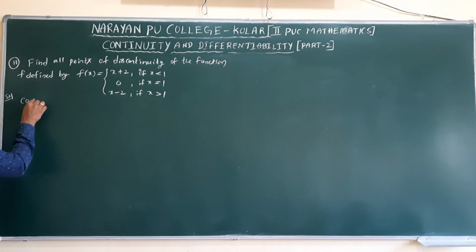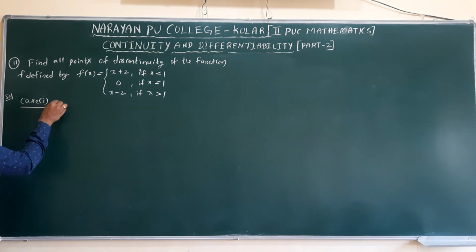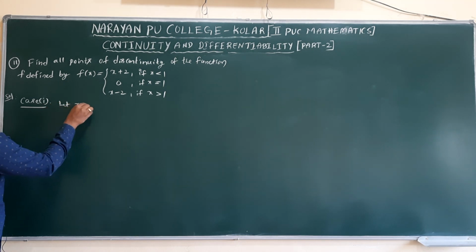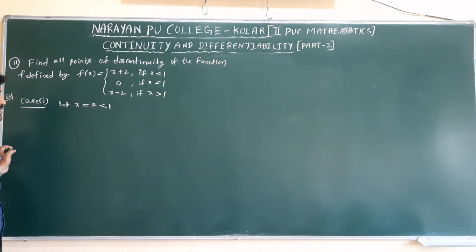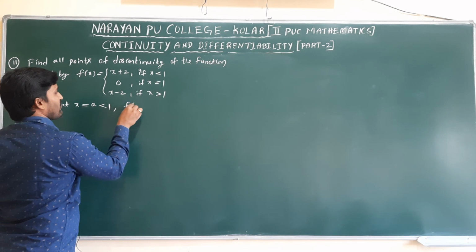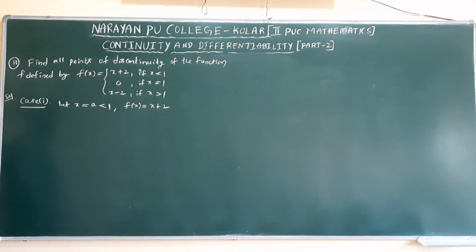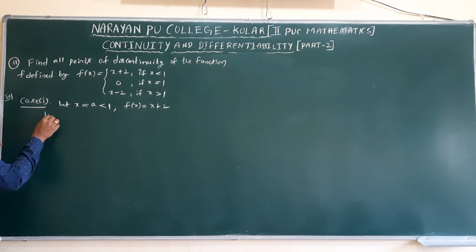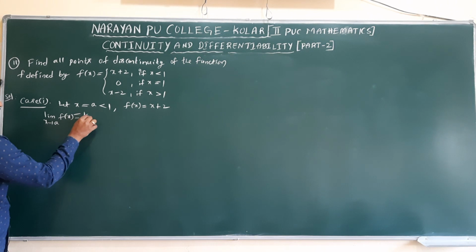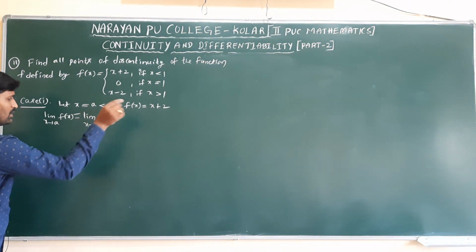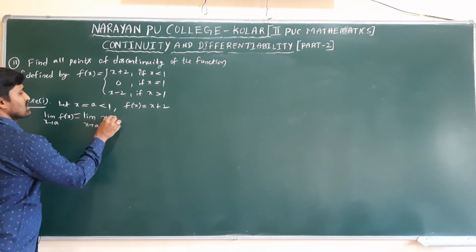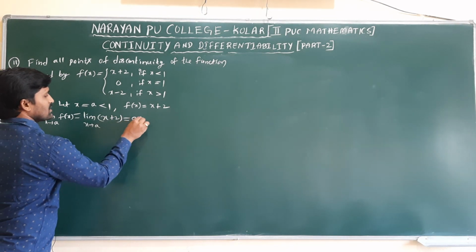First case 1, same method. Let x equal to a, where a is less than 1. For a less than 1, how is the function defined? f of x is equal to x plus 2. There is a single function here, that's why we use the first definition. Limit as x tends to a of f of x should equal f of a. We need to check. What is the function? x plus 2. What do we get? a plus 2.